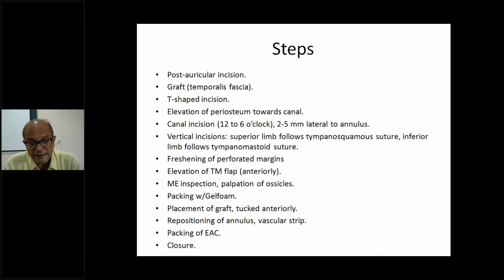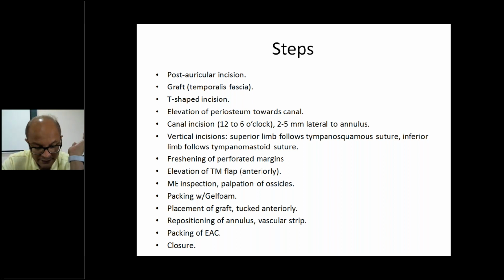In certain conditions, if the external auditory canal is very narrow, you can simultaneously do a canaloplasty. A canaloplasty is done so that it looks like an inverted cone.